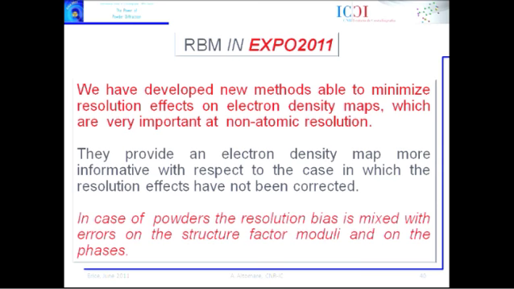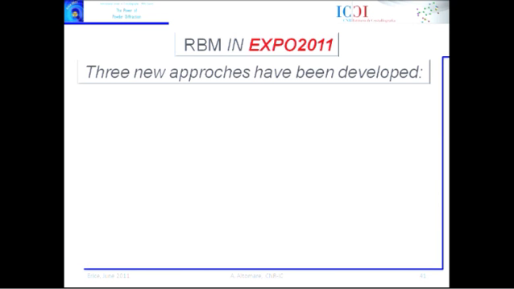I have to say that this is a very important result we have obtained, especially for powders, because in the case of powders, the errors due to the limited experimental resolution combine with the errors on the experimental structure factor moduli and on phases. We have developed 3 kinds of approach.